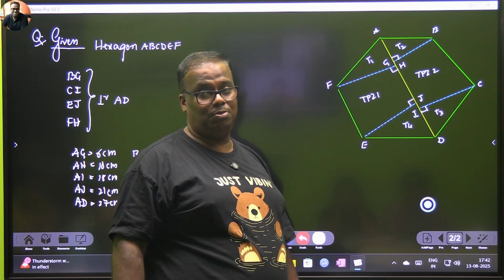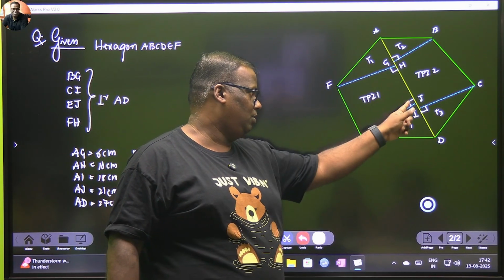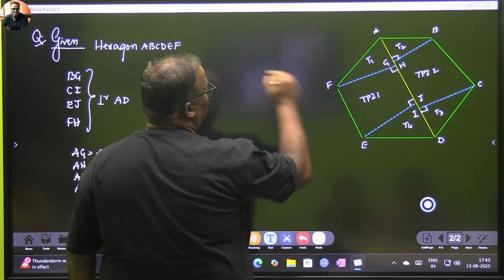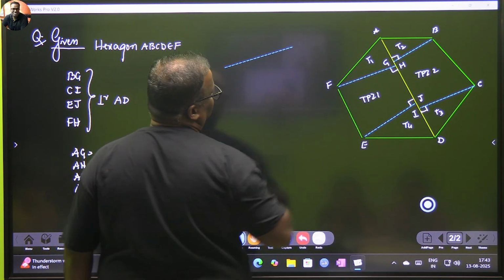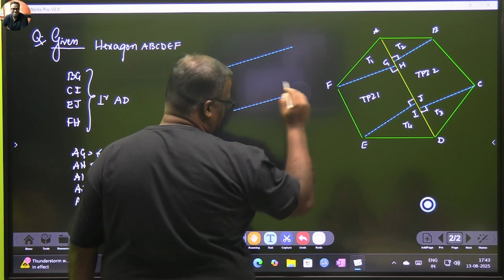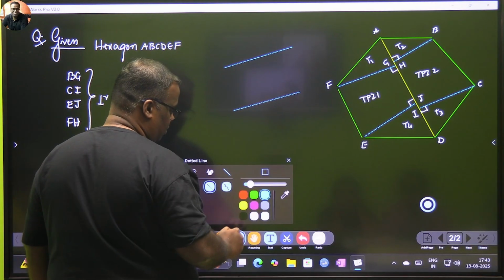Where do you find the perpendicular distance? This is the perpendicular distance. Let me draw this separately and then it should be clear to you.